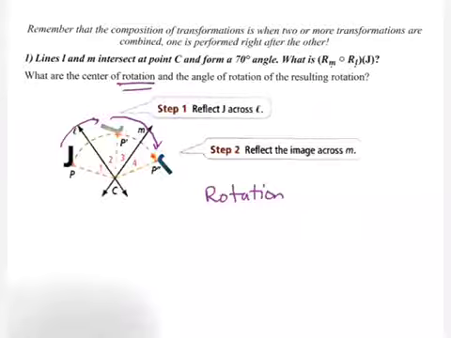If we look carefully here, we know that the intersection is 70 degrees, but we actually have 2 extra parts here.